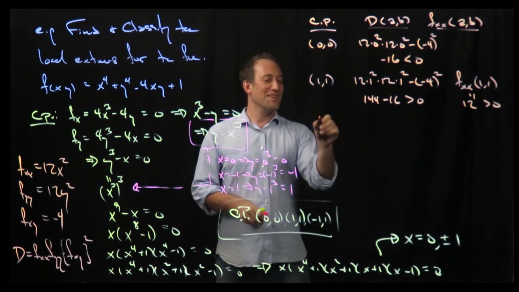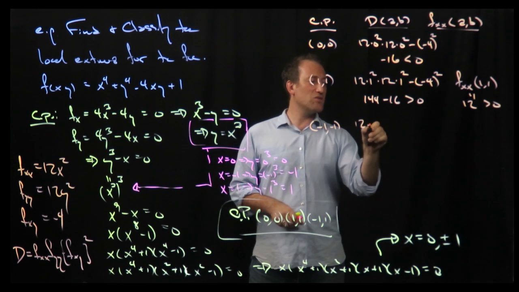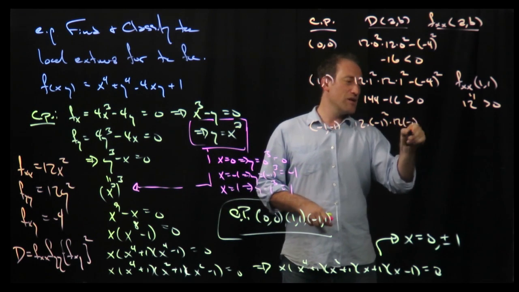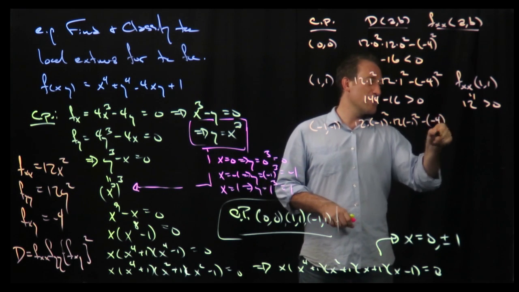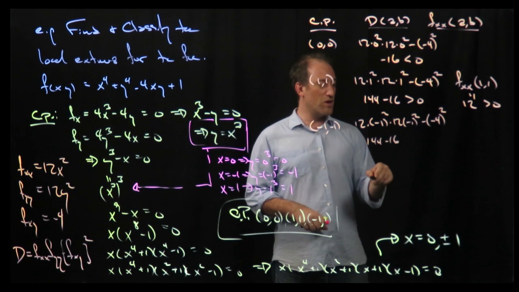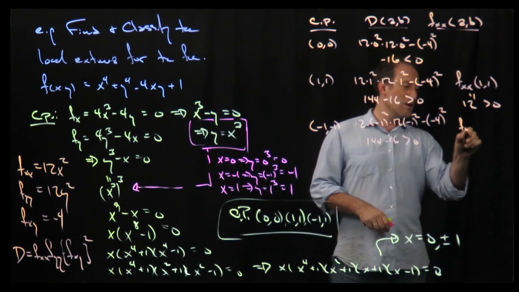So I've got a min. Minus 1 is going to work out almost identically. 12 times minus 1 squared, times 12 times minus 1 squared, minus 4 squared. This is, again, the number that is equal to 144 minus 16. All I care is that it's positive.